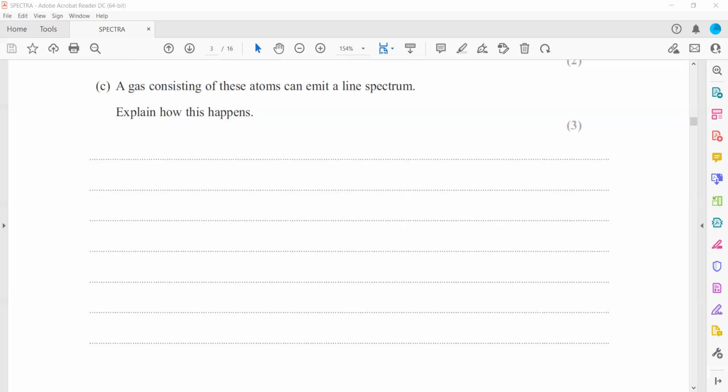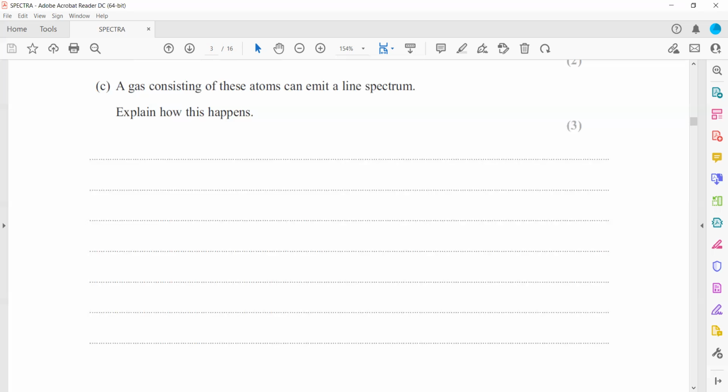This will be emission, or you can write the same thing for absorption. An electron in the ground state will absorb a fixed amount of energy and jump to a higher level, and because it absorbs a fixed amount of energy, it will give a line spectrum. The energy of the photon which is absorbed is equal to the difference in the energy of two levels.